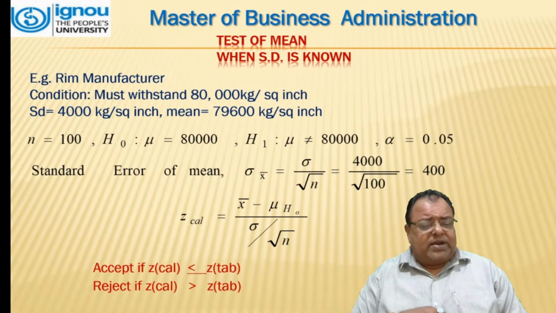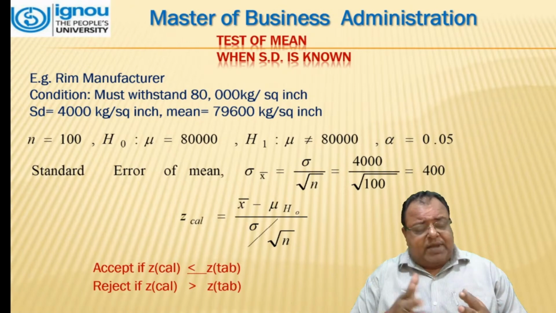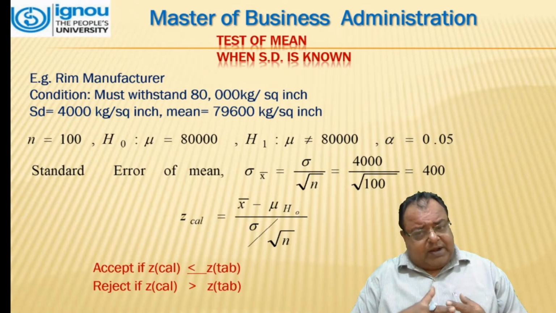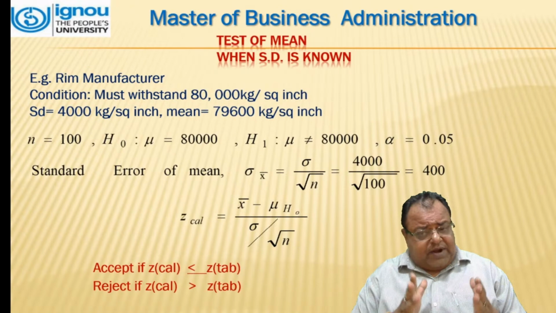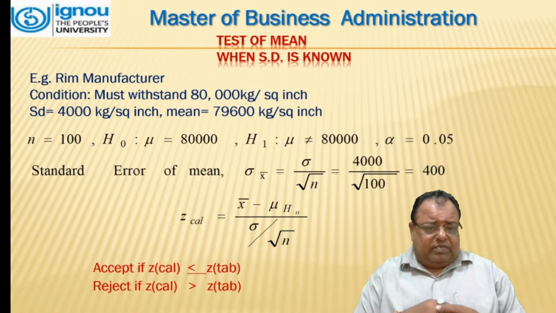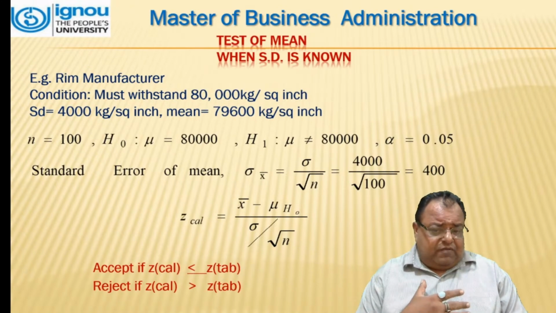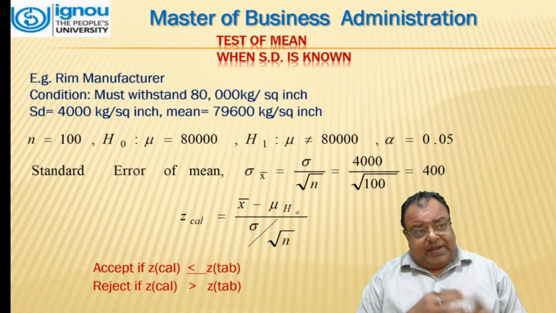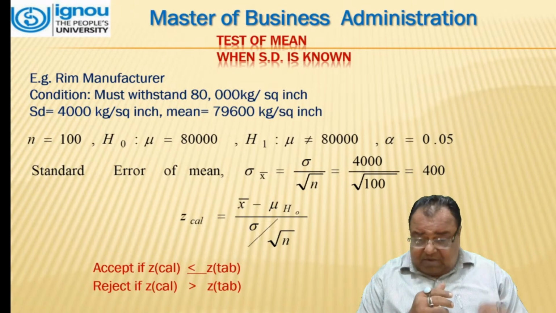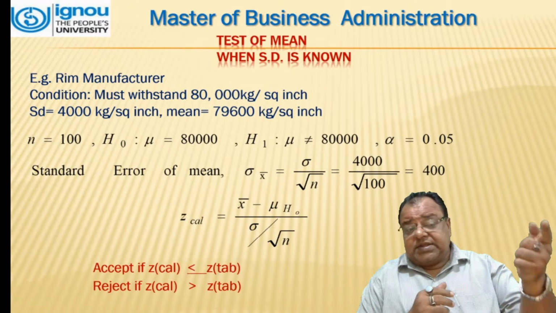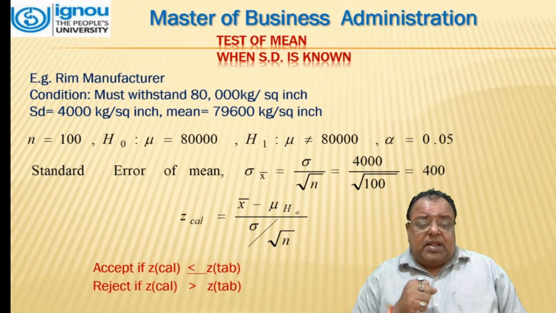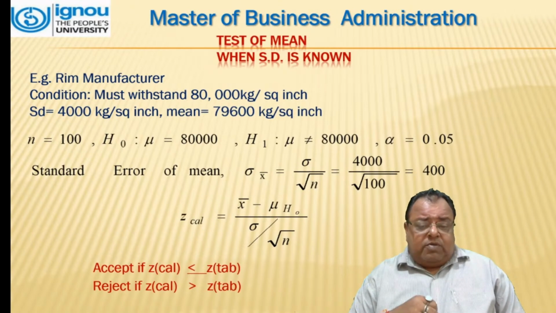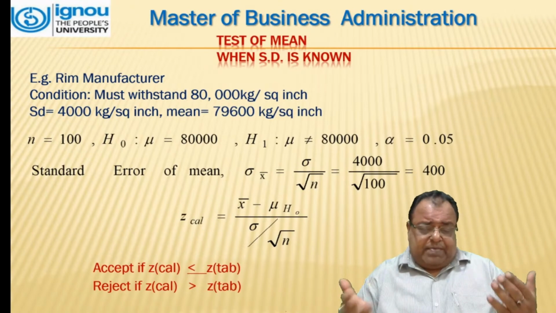We have to calculate the standard error of mean, that is sigma x bar is equal to sigma upon root n. You are aware of sigma, that is 4,000, and of n, that is 100, and root of 100 is 10. This comes out to be 400. Now we have to calculate z. Z calculated is x bar minus mu H naught upon sigma x bar, by placing the values given in the problem.